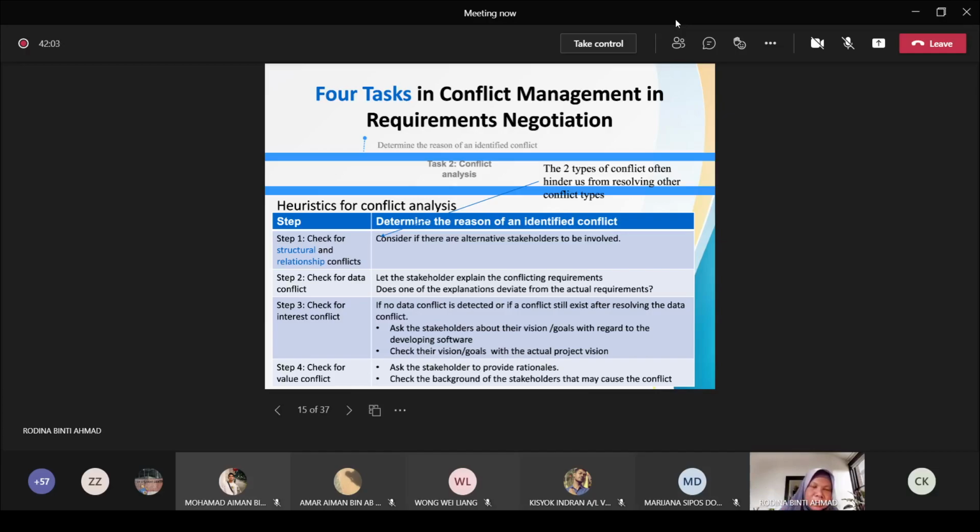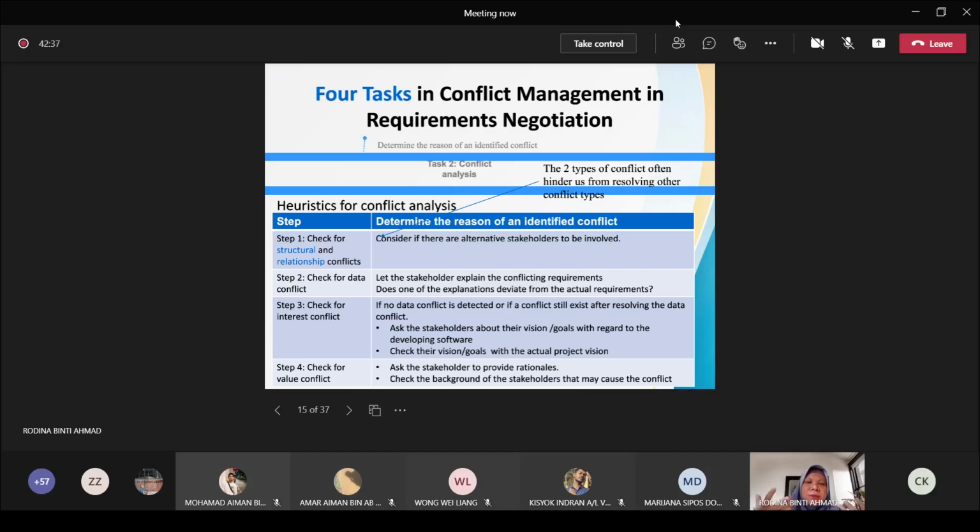But the second step, step 2, if you rule out that there are no structural or relationship conflicts between them, what we can consider is to check for data conflicts, because some people have different views because they have different understanding, or they may have been given different information or misinformation. So what we can do is call the stakeholders involved and ask them to explain to us what they understand about the requirements that we are discussing.